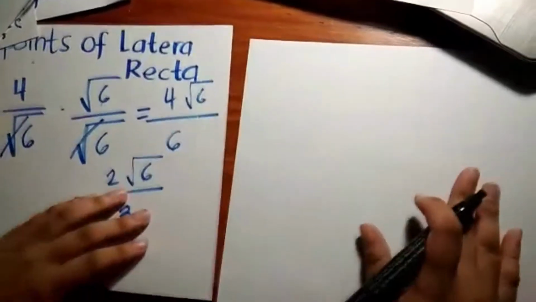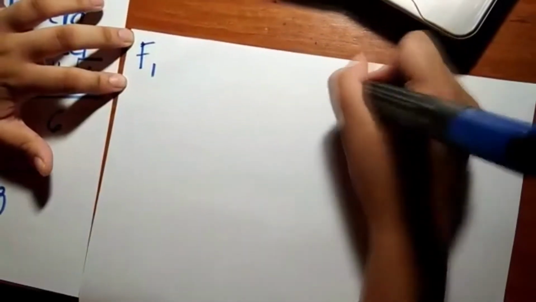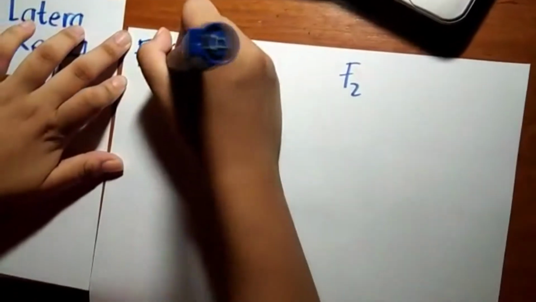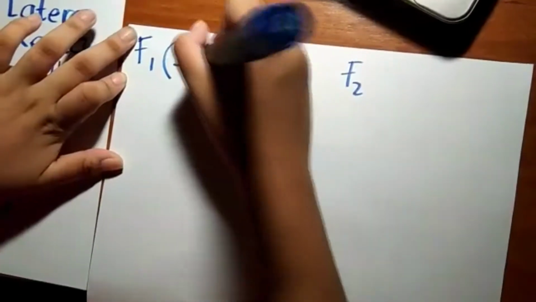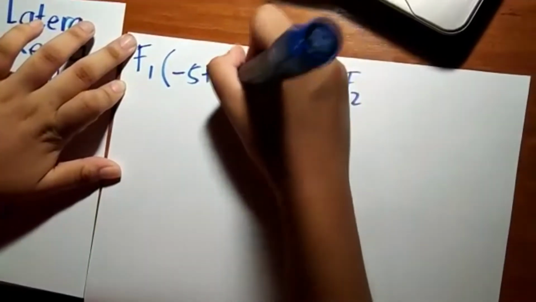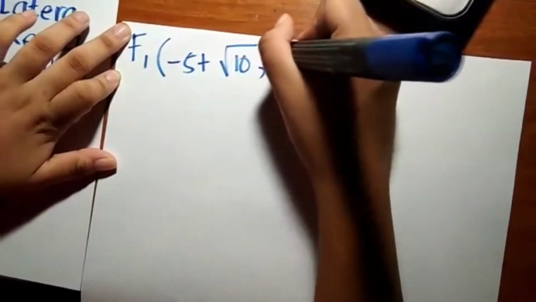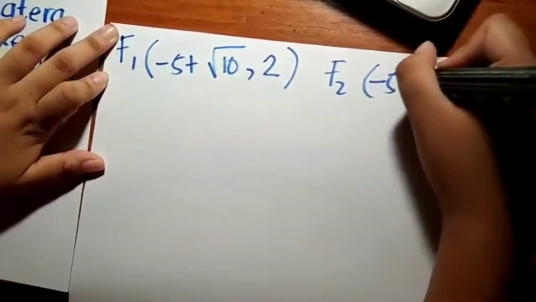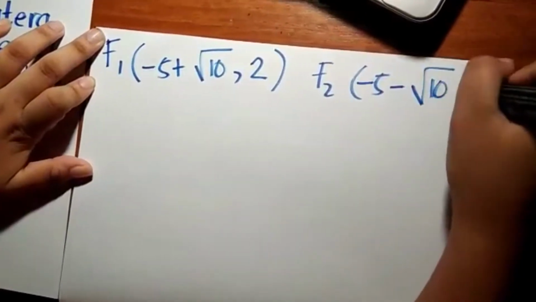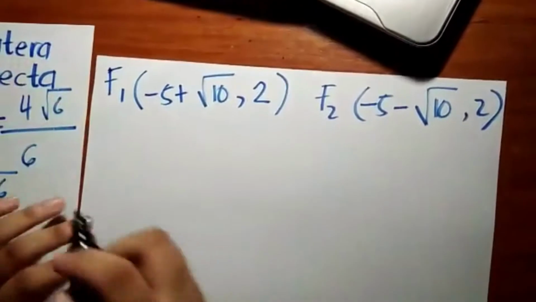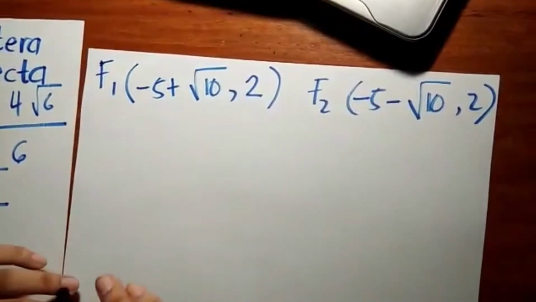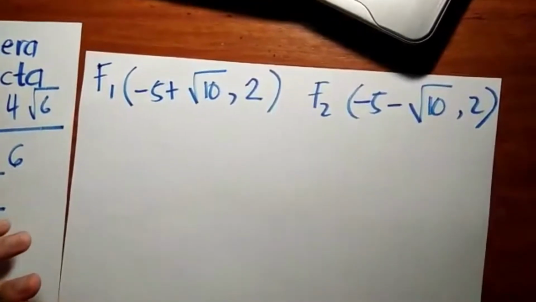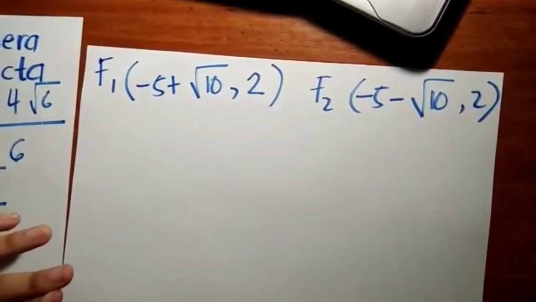Next would be our endpoints, which will be based on our F1 and F2. It passes through F1 and F2, which are F1 at negative 5 plus square root of 10, 2 and F2 at negative 5 minus square root of 10, 2. Since it passes through F1 and F2, their y coordinates would be changing.